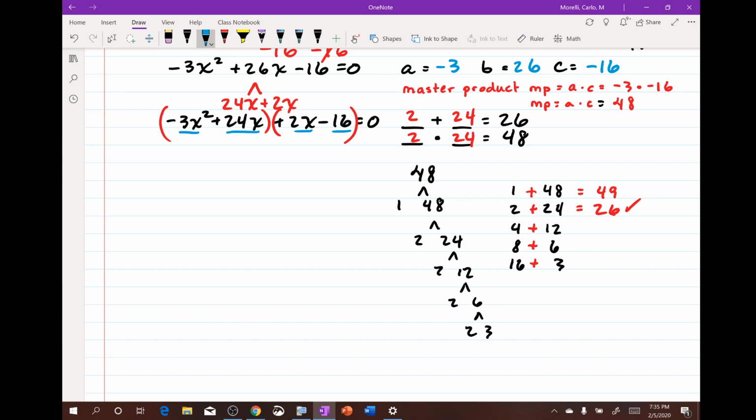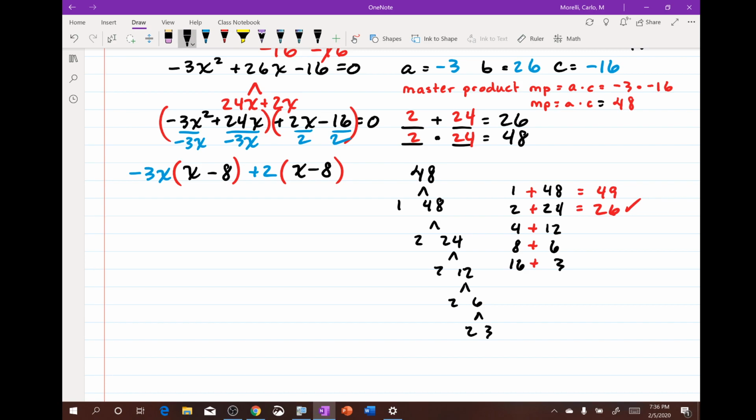Here I can pull out a negative 3x from both of these, and over here I can pull out a 2. Now I've got negative 3x, open parentheses, x minus 8, and on the outside, I've got positive 2, open parentheses, x minus 8.